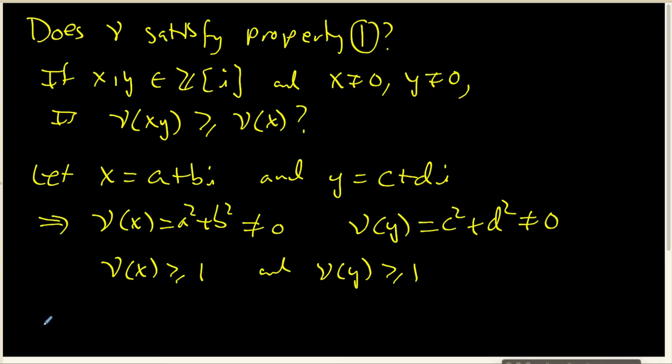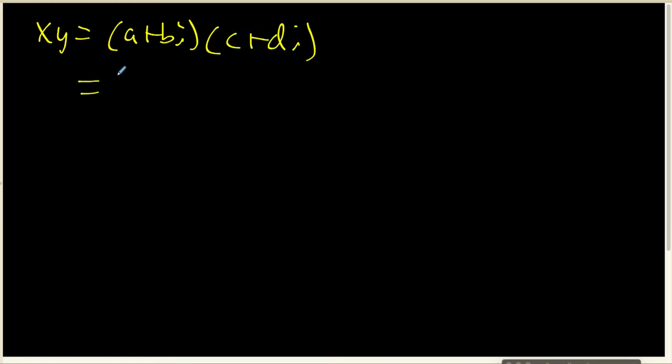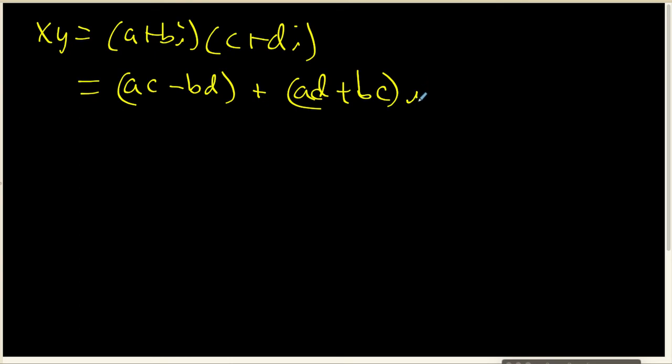Well, let's see. We can also figure out what x times y is. So x times y is a plus bi times c plus di, and this is going to be ac minus bd for the real part, and then we are going to have ad plus bc times i for the imaginary part.